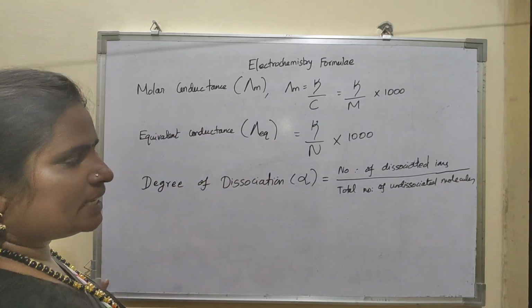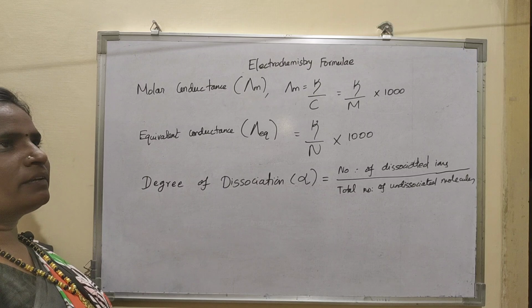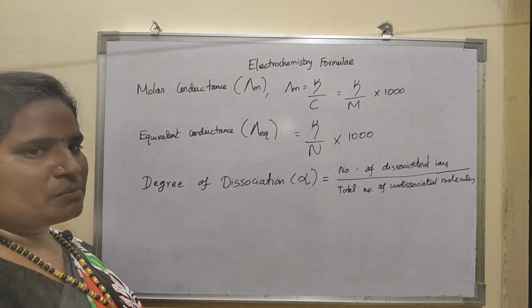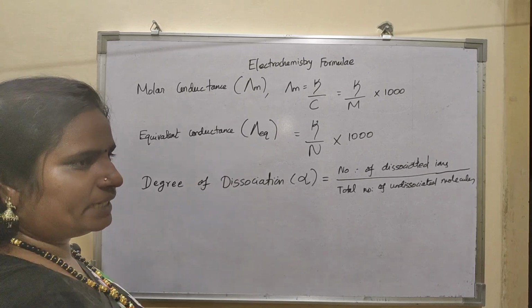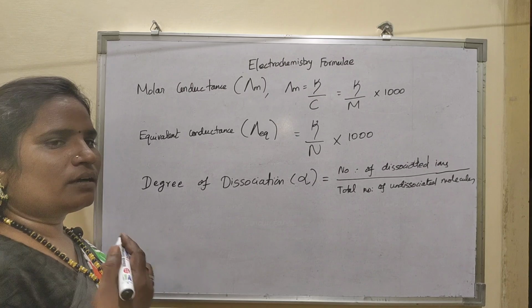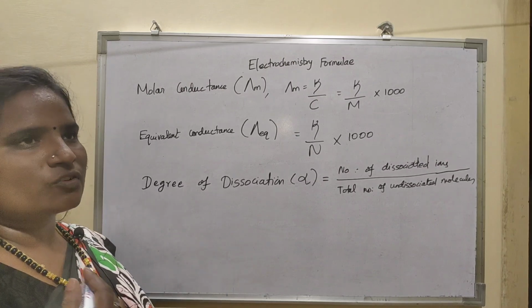For example, if I take HCl, there are 100 molecules, and if I put it in water, 90 molecules are dissociated and only 10 molecules are undissociated, which means 90 by 10. Then the degree of dissociation will be very high. Electrolytes which have a higher alpha value, or which readily form ions in dissociated form, are known as strong electrolytes.